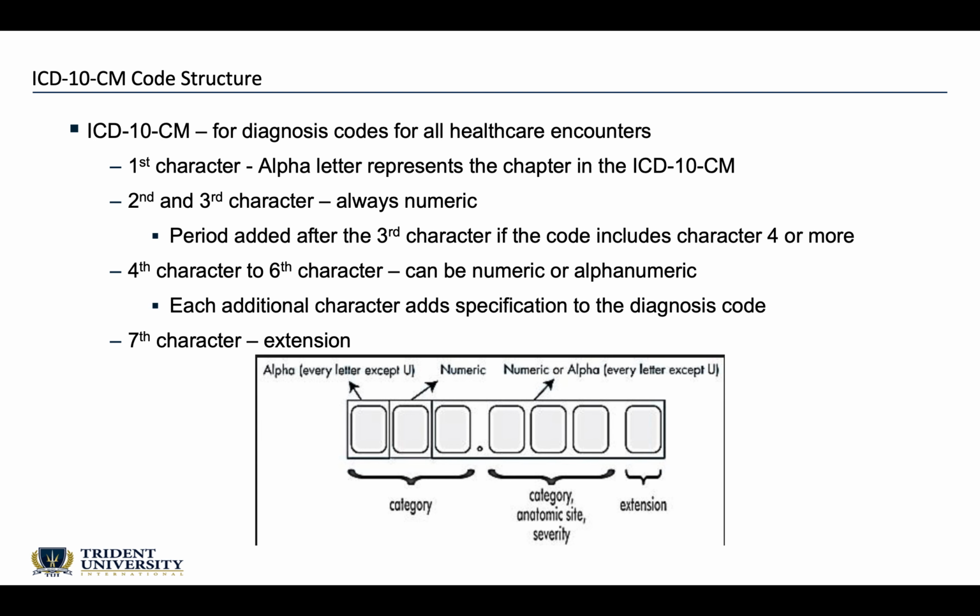The first is an alpha character, and the next 2 are numeric. The 4th character to 6th character can be numeric or alphanumeric. It just depends on the coding guidelines, which we're going to look at as well. Each additional character, including character 4 through 6, adds specification to the diagnosis code, and you'll see that in your coding manual as well. And the 7th character is extension. We're going to talk about that in a minute.